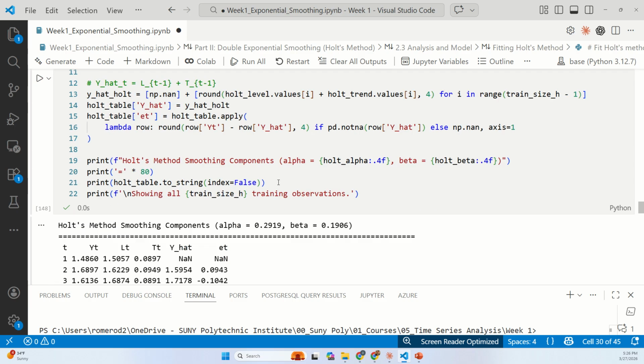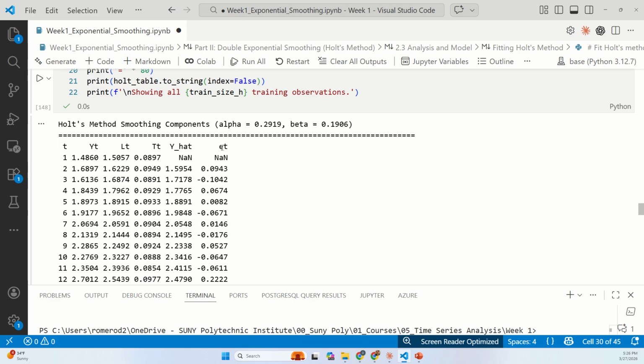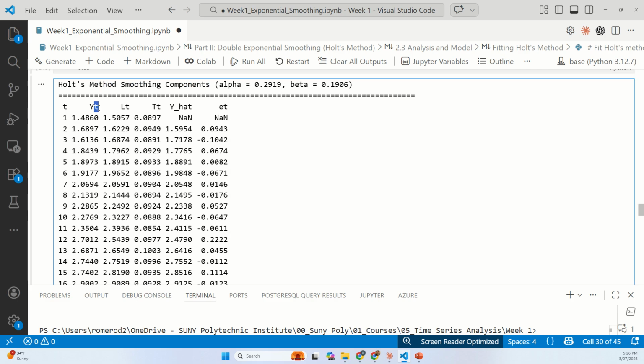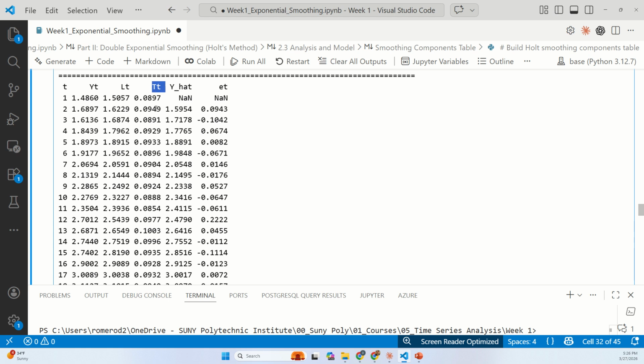With that information, we can get our table, with all the details of the real values, the level estimation, but now we also have the trend estimation and the y-hat. Let's go over, for example, period number 4, where the y-hat or the fitted value is 1.77.